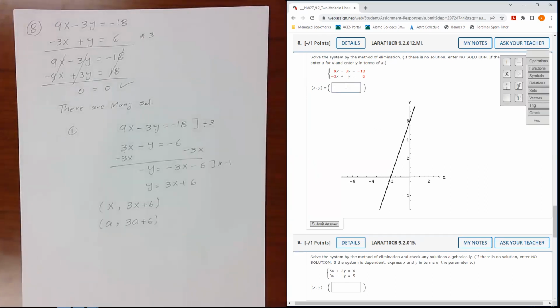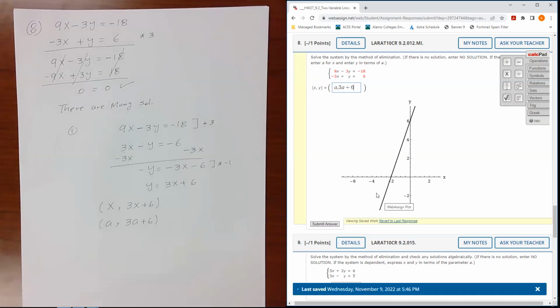So we're going to put here a, that's capital A, comma, 3a plus 6. And if you look at the graph, this graph is not one line, one equation, it's two.